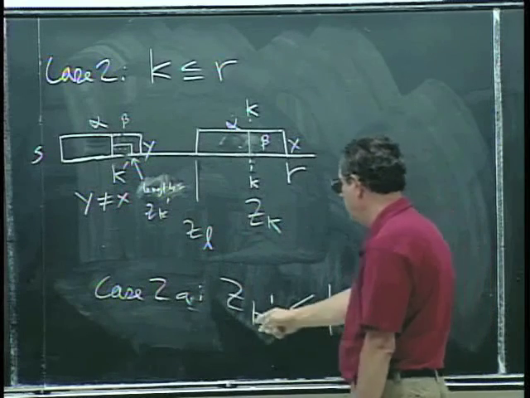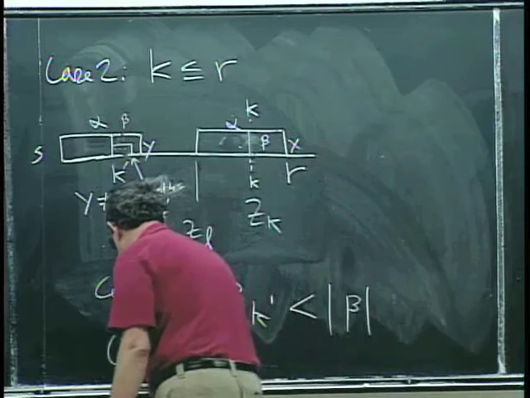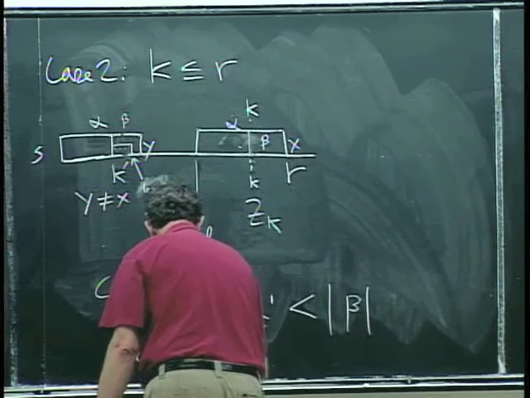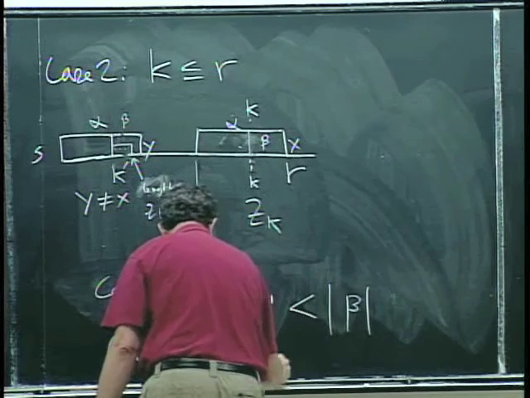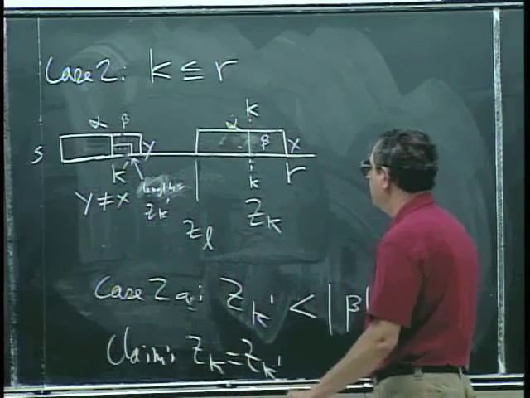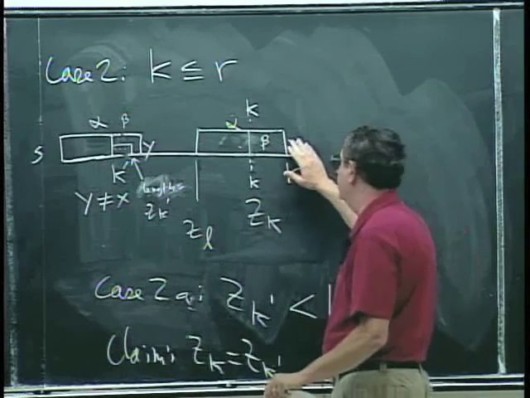Case 2a, claim: in this case, ZK equals ZK prime. Well, I'll just do this very quickly, and I'll come back to it next time.